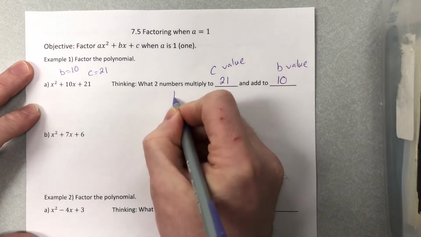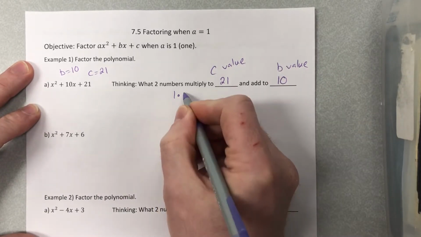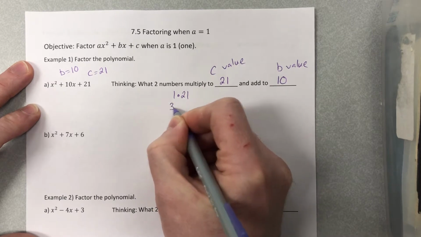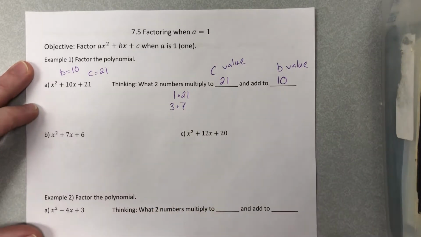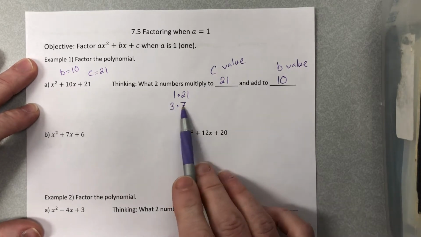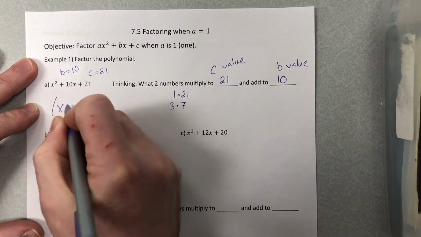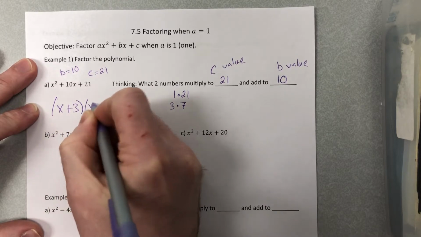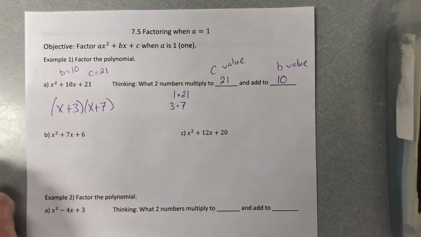What I like to do is start off with the factors of 21: 1 and 21, and 3 and 7. Remember, we now need to add them to be 10, so it will be 3 and 7. So it will be x plus 3 and x plus 7.